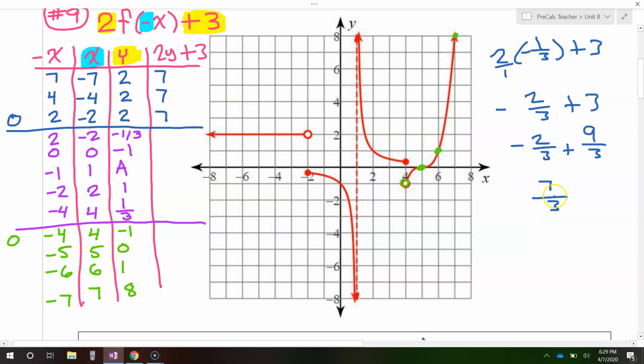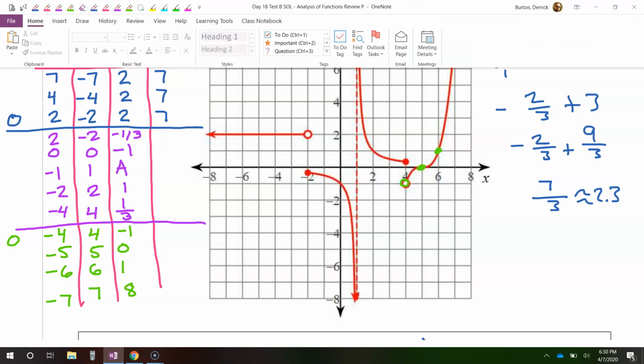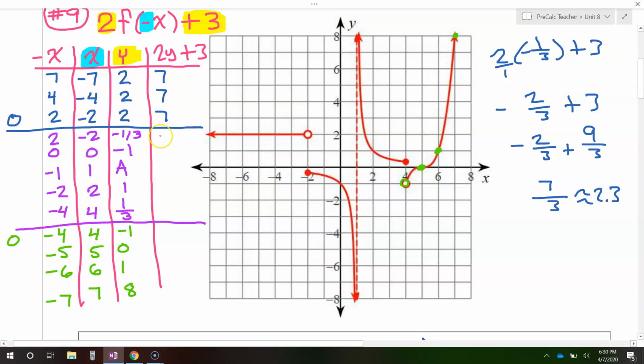Okay, 7 over 3. What is that as a decimal? Grabbing my calculator really quick. Okay, 7 divided by 3. All right, that is approximately 2.3. Okay, so I want that in purple. So this is about 2.3. Okay, negative 1. So negative 1, 2 times negative 1 is negative 2.